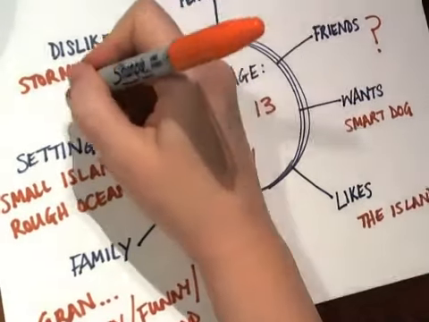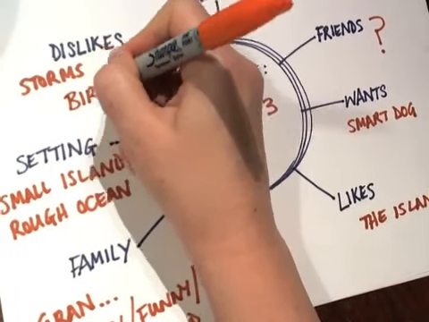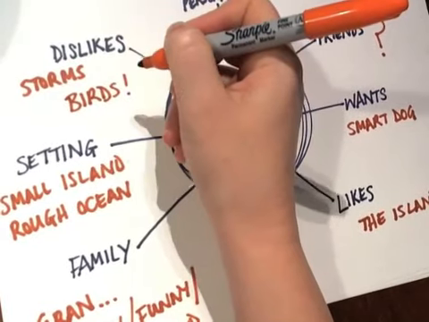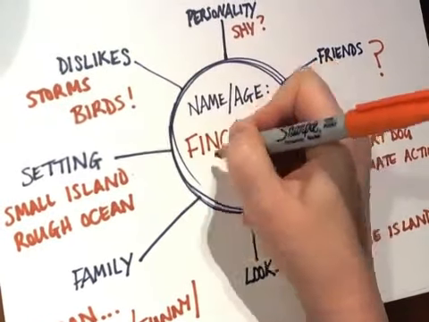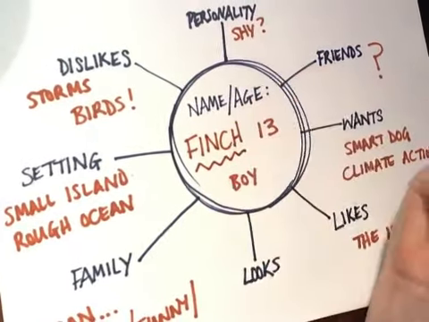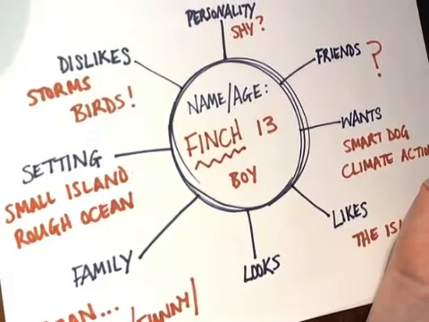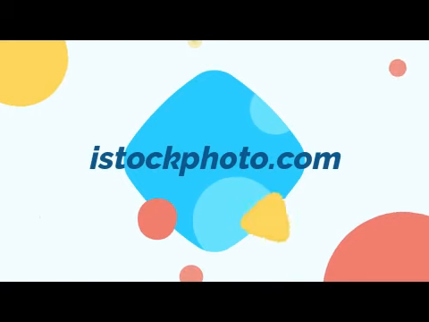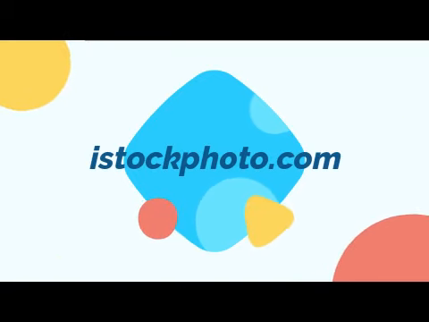I know he's scared of birds, and I think I'm going to put a lot of annoying birds on this island. So I've decided I'm going to give him a bird-like name. Finch. But I still can't really see Finch in my imagination, even though I've done a lot of work on him. So I'm going to go looking for him. I could try a website of stock photos like istockphoto.com.